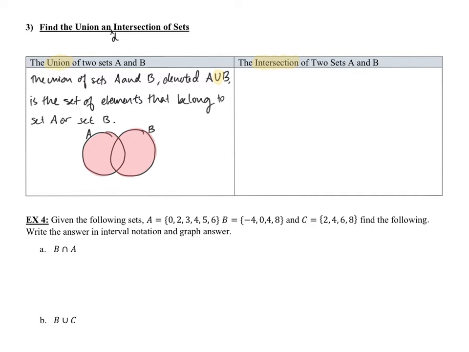All right, the next one we have is the intersection of two sets A and B. So, the definition.